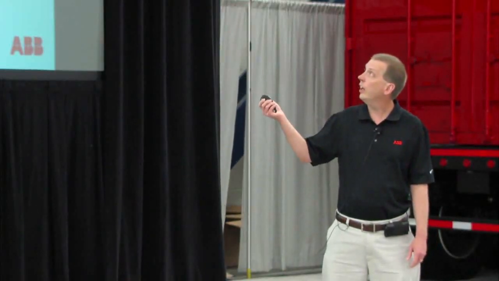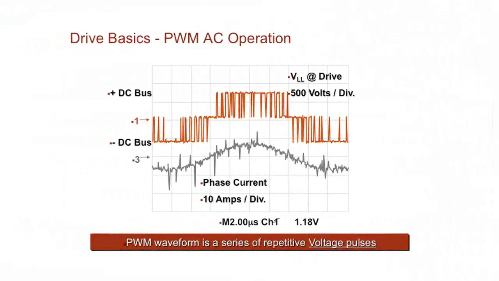So the output stage here, these 6 transistors, which are called IGBTs, which stands for insulated gate bipolar transistor, are switches that can turn on and off. And when you turn on and off these switches, you create kind of AC. What you really create is a bunch of pulses on the output that are either positive or negative in nature. You can see these are positive pulses, these are negative pulses.